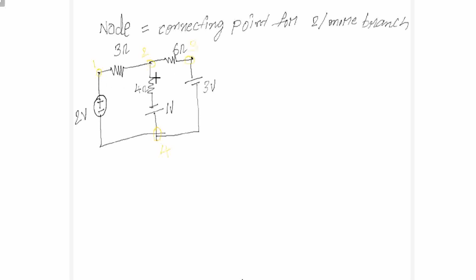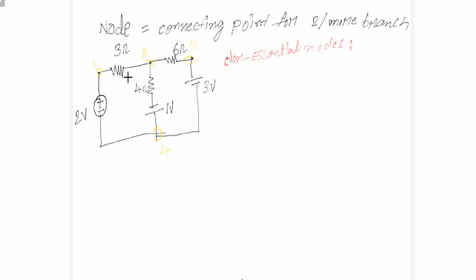After identifying the number of nodes, we have to identify essential nodes and non-essential nodes. First of all we will find non-essential nodes. A non-essential node is nothing but a node which connects a passive element and an active element.